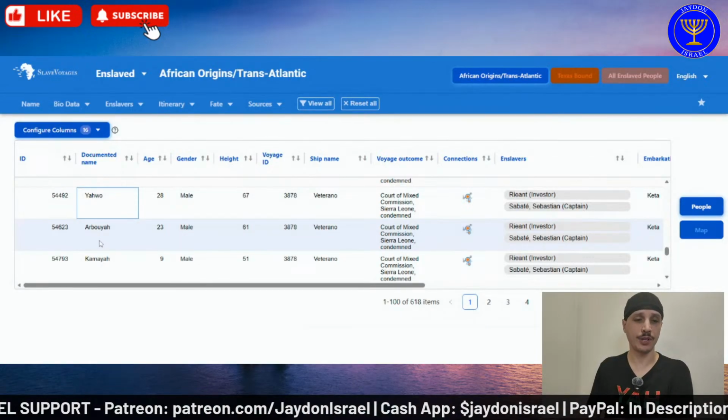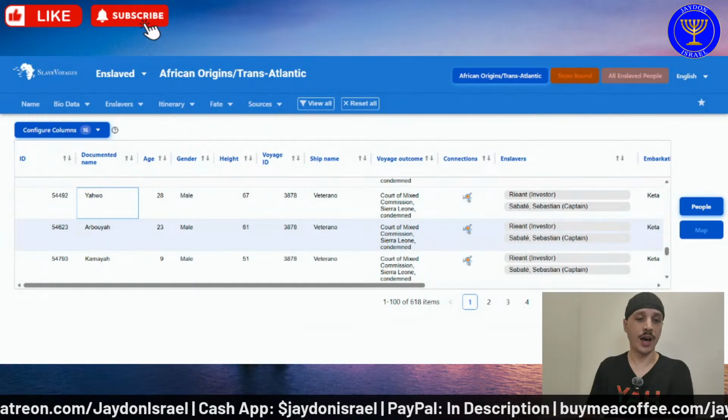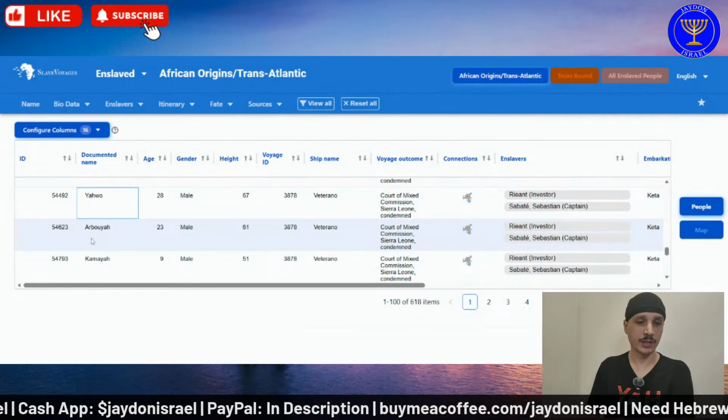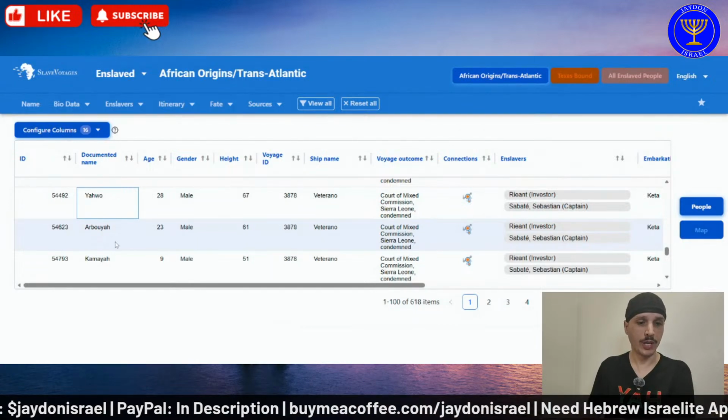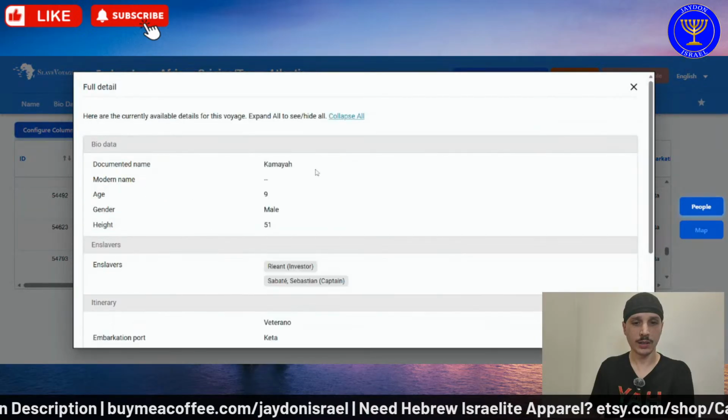But even though they were captured, the DNA of Torah is found in their names. Aboya, Kamaya.